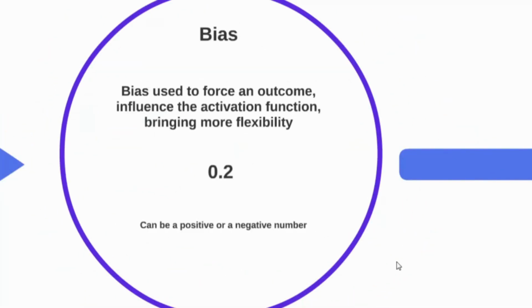So we're going to use a bias of 0.2. Now this can be a positive number or it can be a negative number. Obviously, depending on which trend you're going to use, this is going to affect the next stage, which is the activation function, with the same trend. Now let's take a look at the next stage. Perhaps this will make more sense.